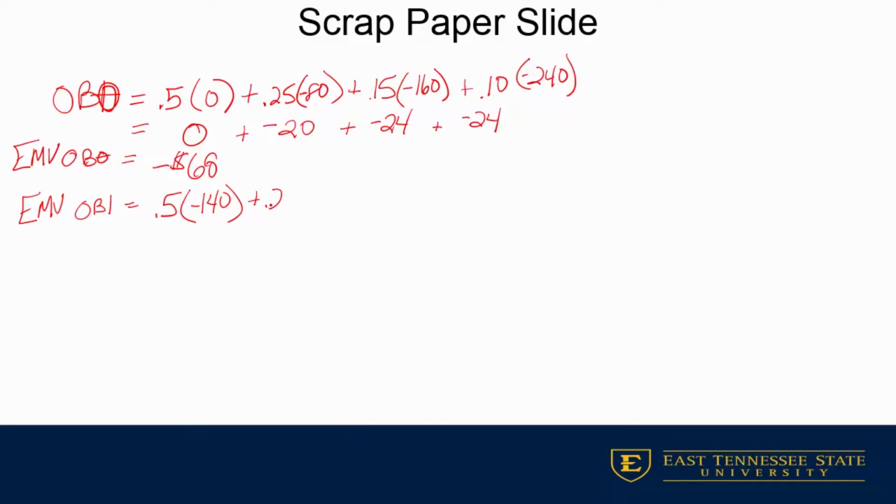The 0.25 for having 1 cancellation, I wouldn't be out anything. 0.15 probability for having 2 cancellations, I would be out $80.